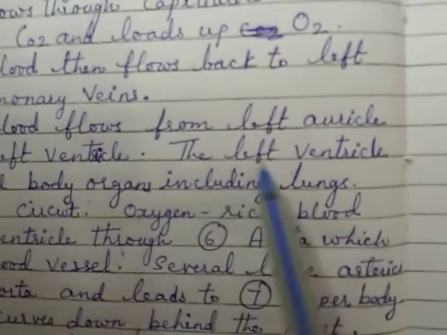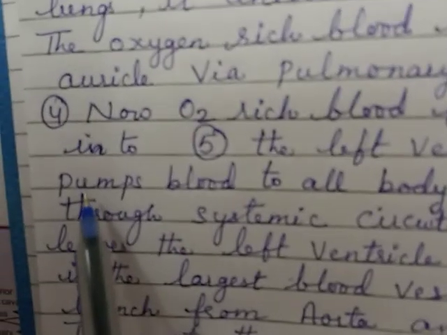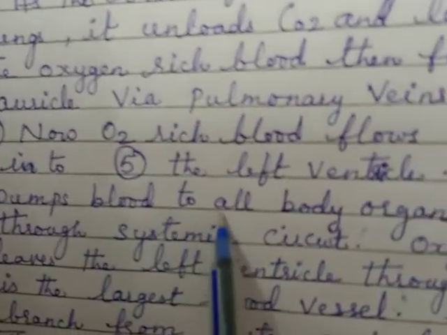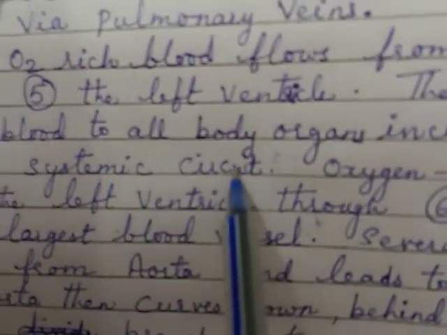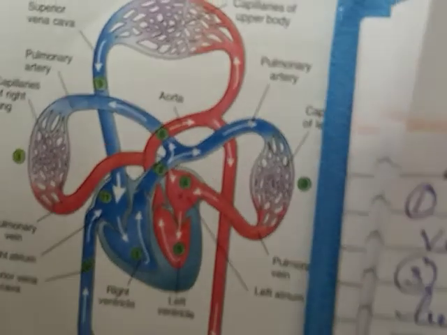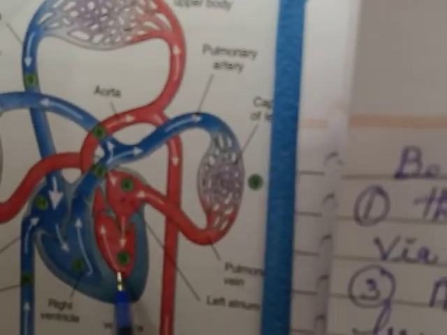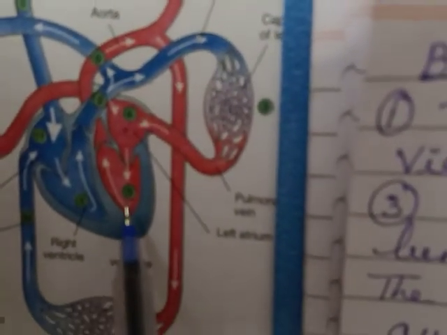The left ventricle pumps blood to all the body organs, including lungs, through the systemic circuit. Now, children, what happened from this left ventricle?